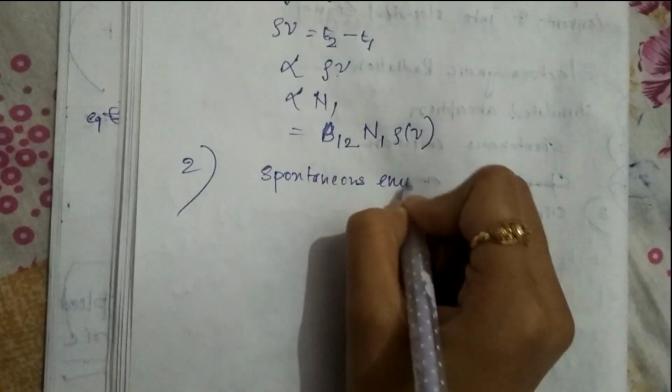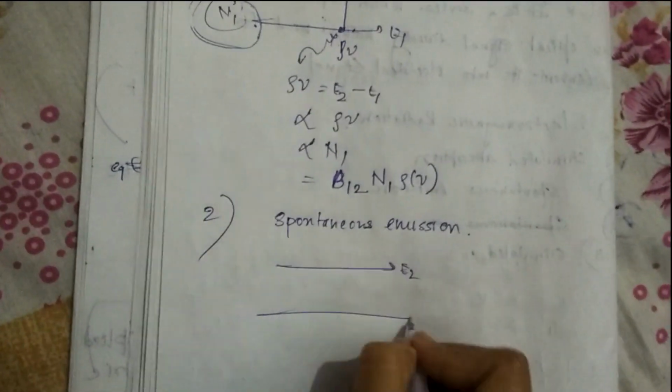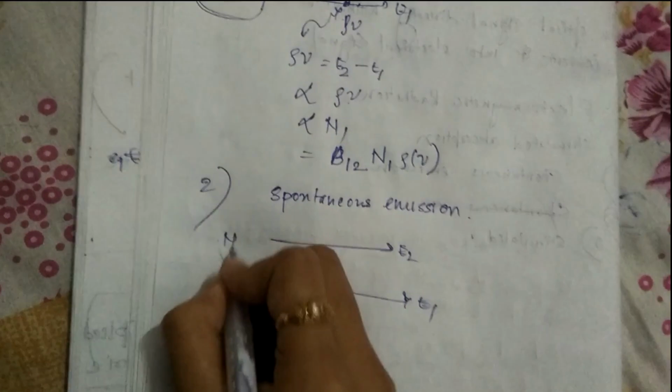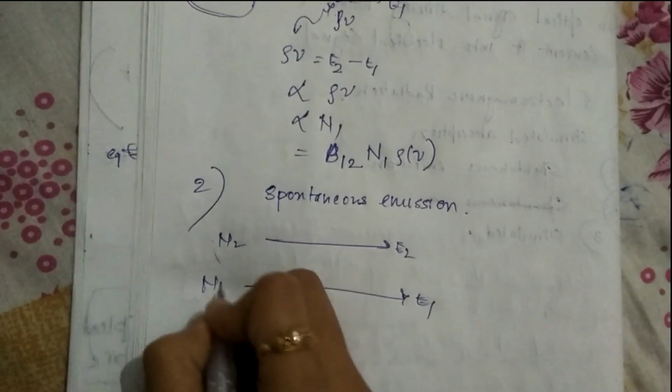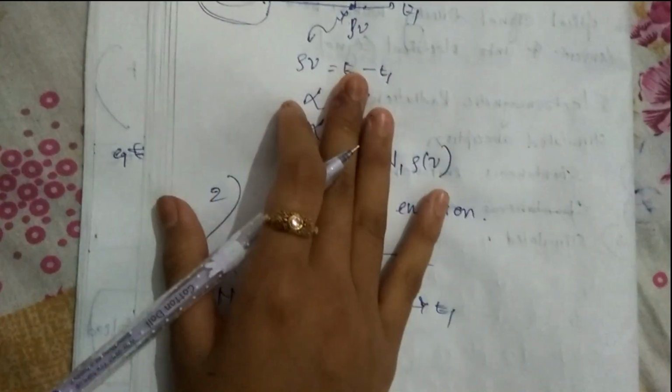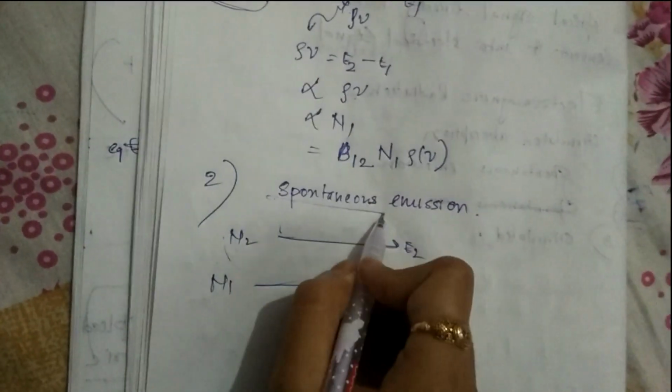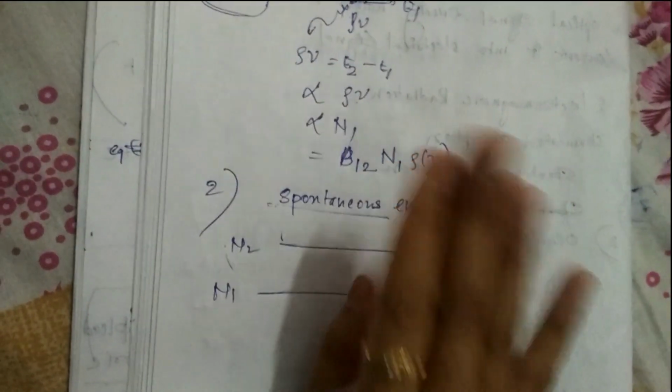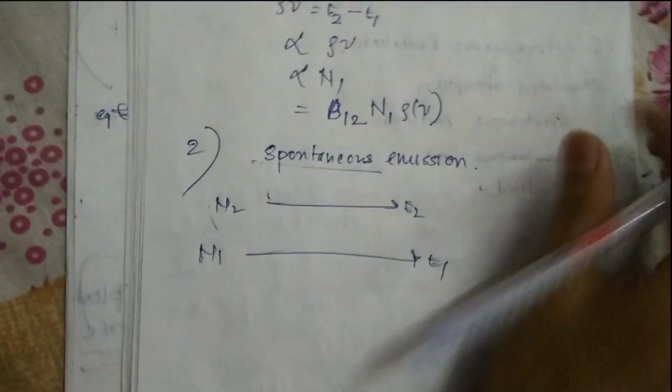Then we have spontaneous emission. Again we have two energy levels E1, E2, with N2 and N1 the number of electrons on the E2 level and E1 level respectively. Spontaneous emission occurs naturally. There is no need to supply an extra source of energy, rho nu or anything.